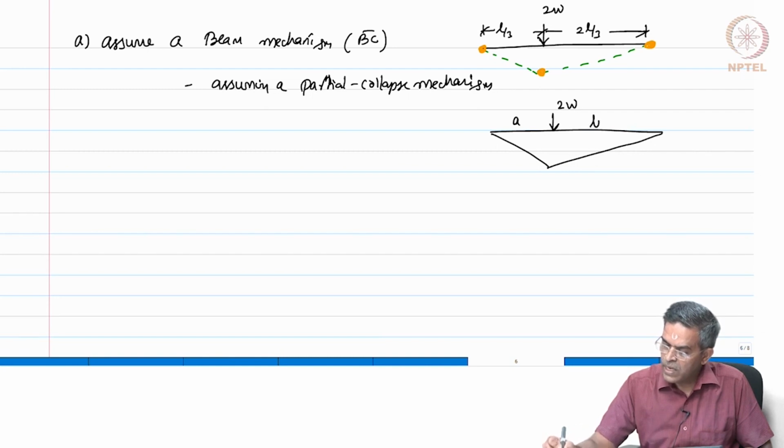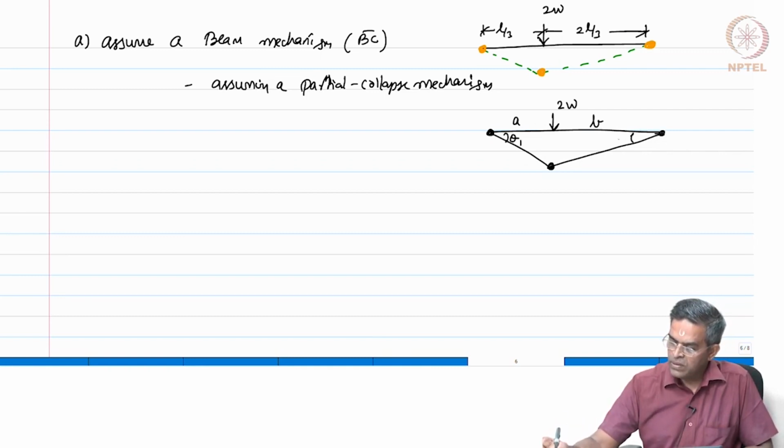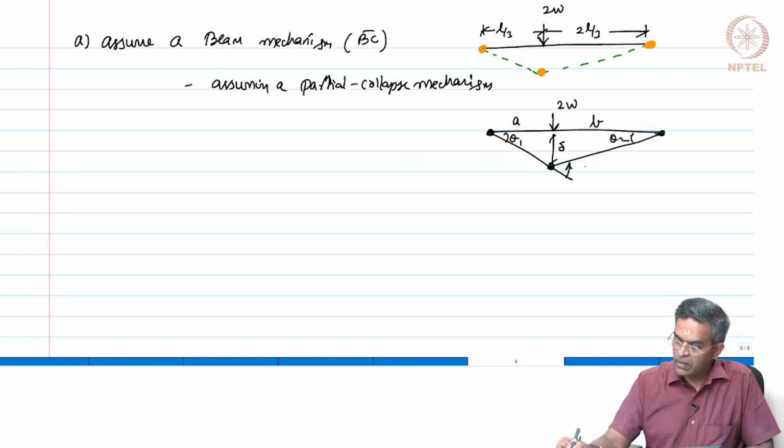I call this as A and this as B. So, let us say I will have hinges here. I can call this angle as theta 1, this angle as theta 2 and this displacement as del, and this angle will be theta 1 plus theta 2.